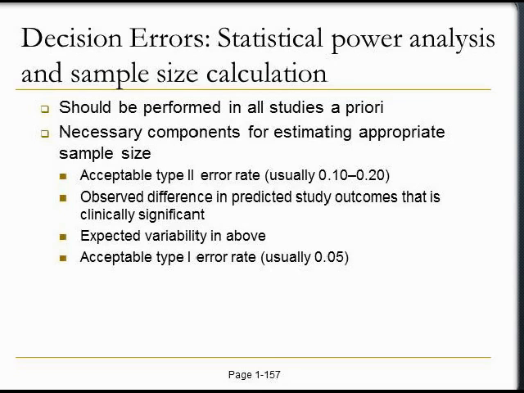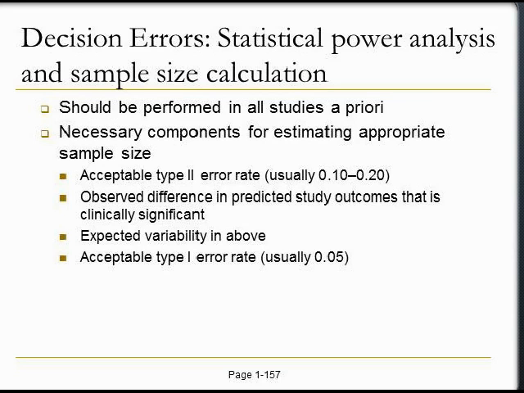Let's talk a little bit about statistical power analysis. Basically, the same concepts that we talked about just a second ago with type 2 error rates apply here. Obviously, these should be determined in all studies a priori. And the typical necessary components of estimating appropriate sample size are shown.